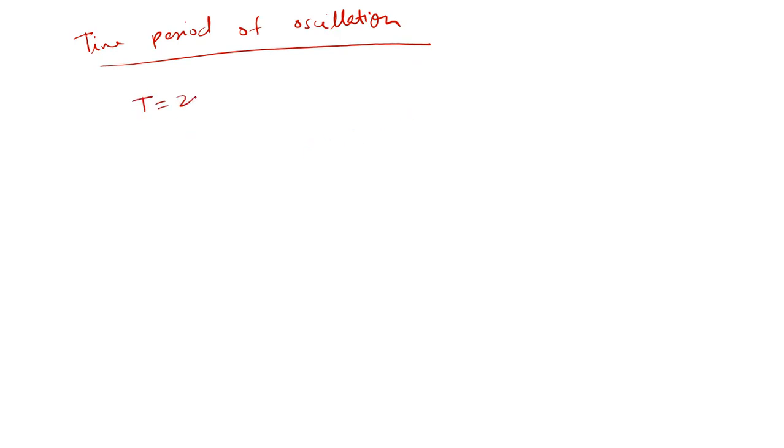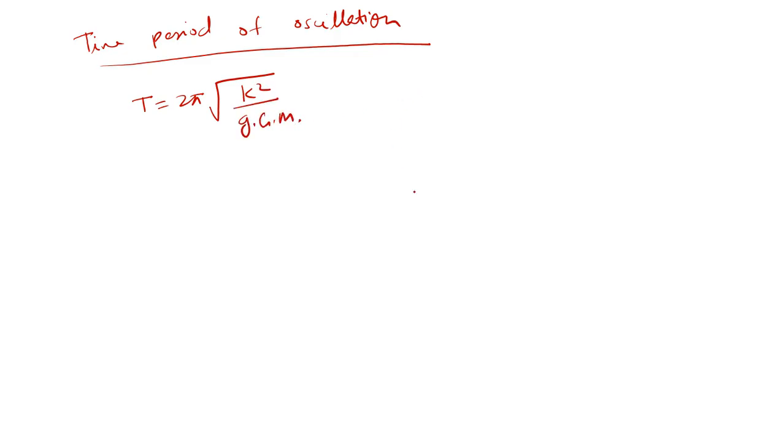Now we will study the time period of oscillation. What is it? T equals 2 pi square root of k square upon g into GM.